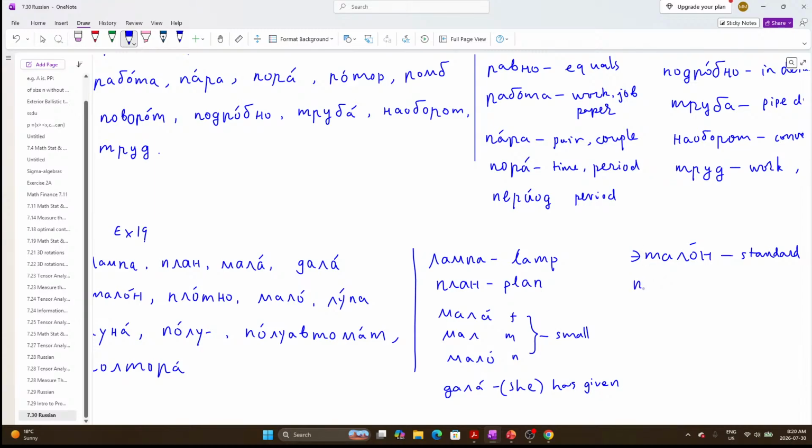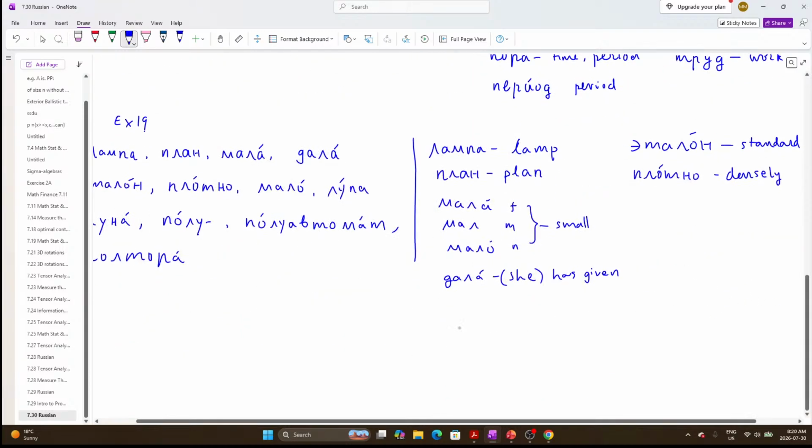Плотна is densely. Is it? Do you use this word when you describe, say, that the rationals are dense in R?